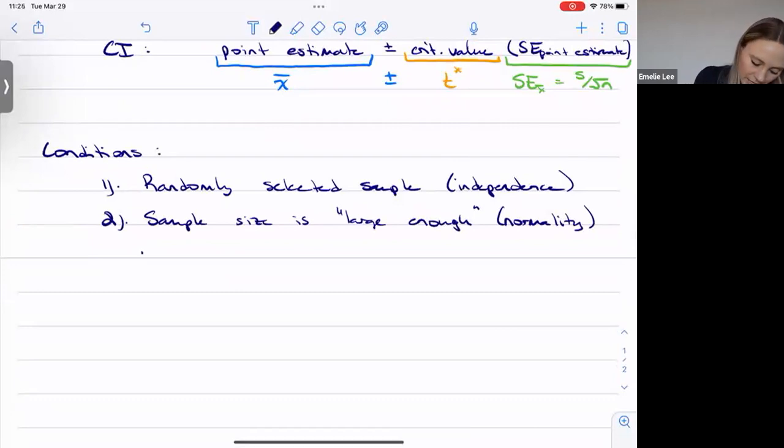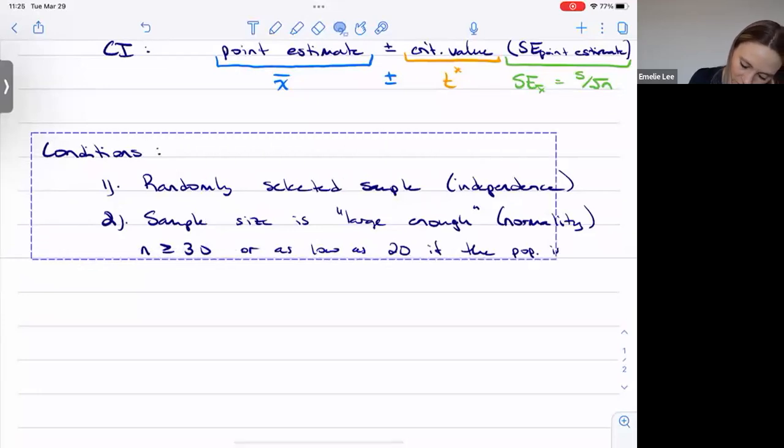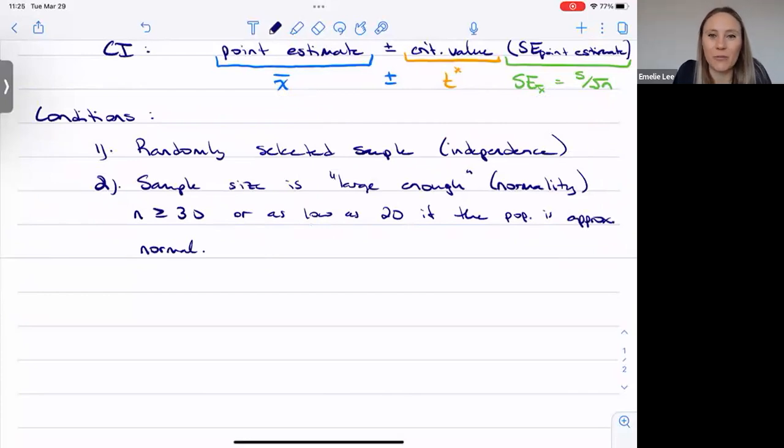In general, n greater than or equal to 30, or it could be even smaller, as low as 20 if the population is approximately normal, or it's safe to assume that it's approximately normal.